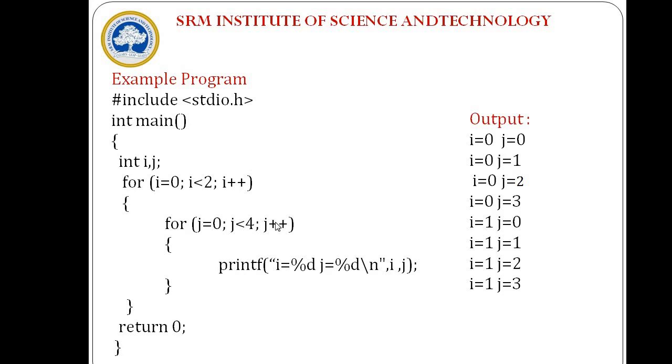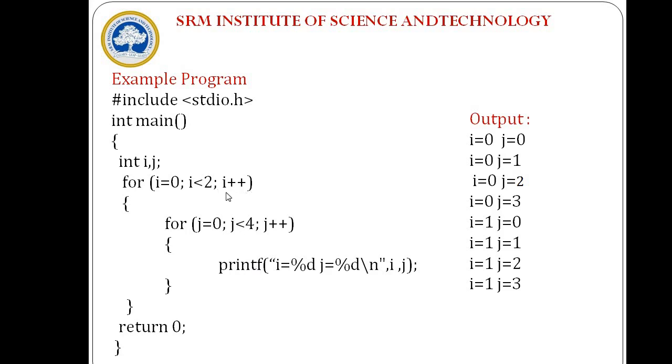Again j gets incremented, now the j value becomes 4. 4 less than 4, condition fails. If the condition fails, it won't execute the inner for loop. Now the control is given to the outer for loop to update the outer loop control variable.